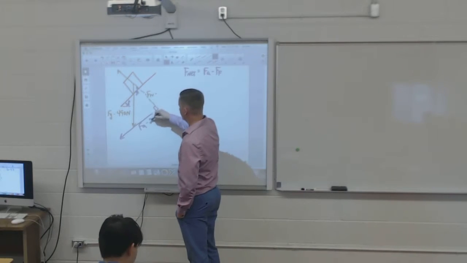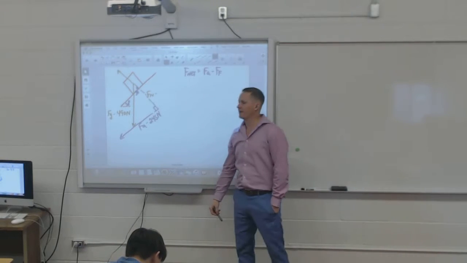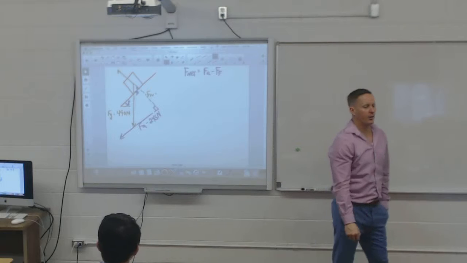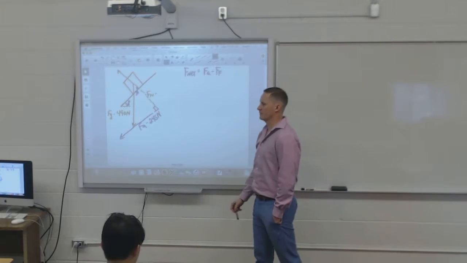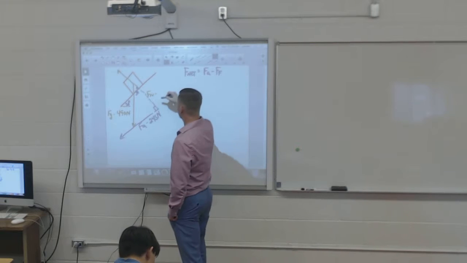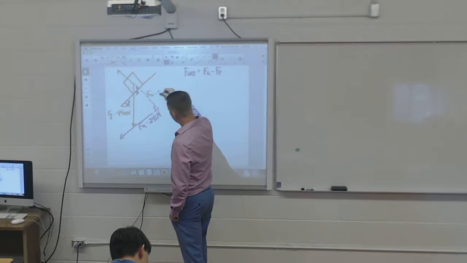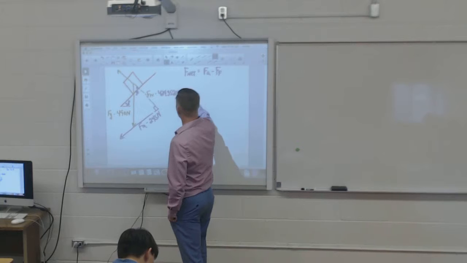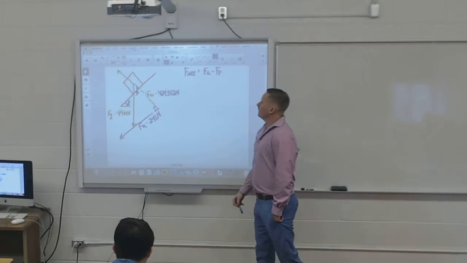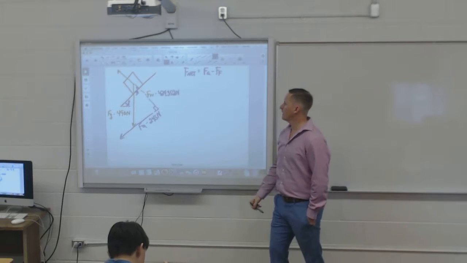I'm doing this without a calculator. Alright. Cos 30 times 490. 424.352. A little louder, please. 424.352. We agree? Yeah? Good. Okay?